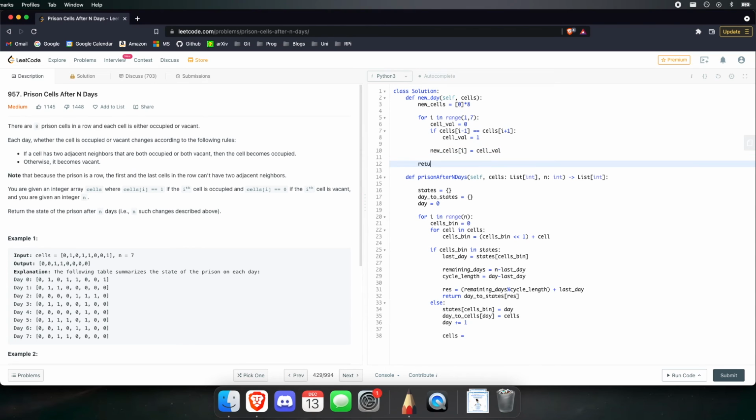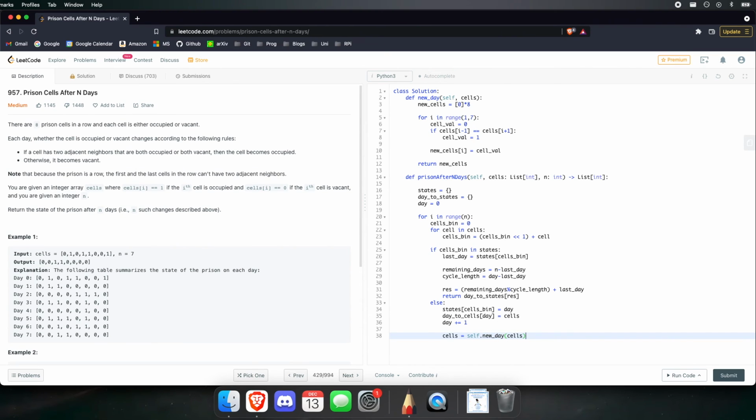This is all we really have to do. From here we can just return new cells. And now we can update cells and set that equal to whatever this function returns. Now, from here, we're pretty much done, and we can just return cells.